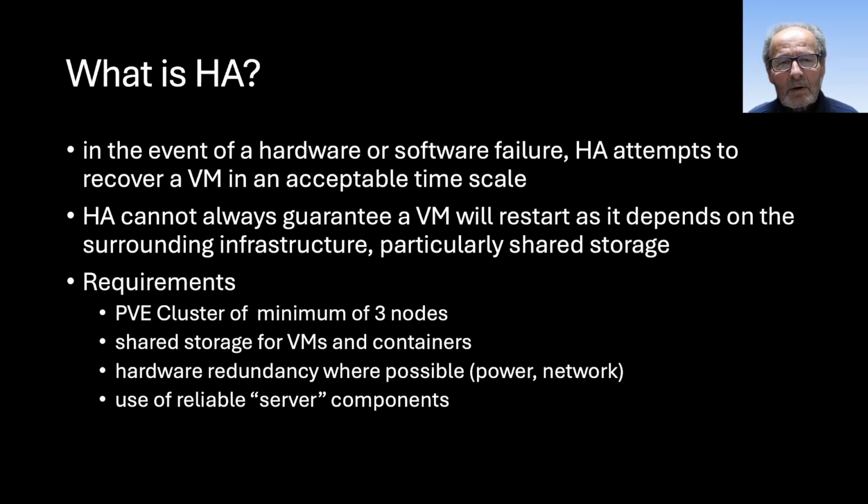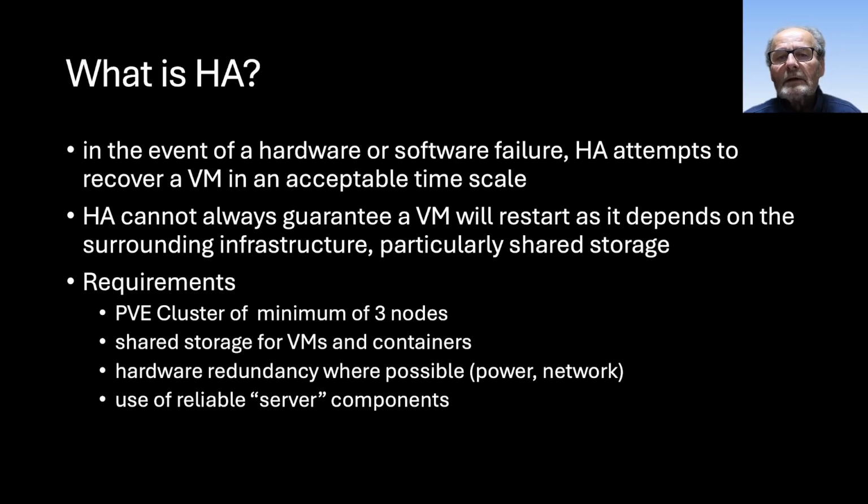So let's start by talking about what HA is. In a nutshell, HA, high availability. If we have a problem, what HA will try to do is bring back any virtual machines or Linux containers that you've configured to be under HA. They don't all have to be under HA, but if you lost a node in your cluster, it would try to bring up any HA configured virtual machines or Linux containers on another node in the cluster.